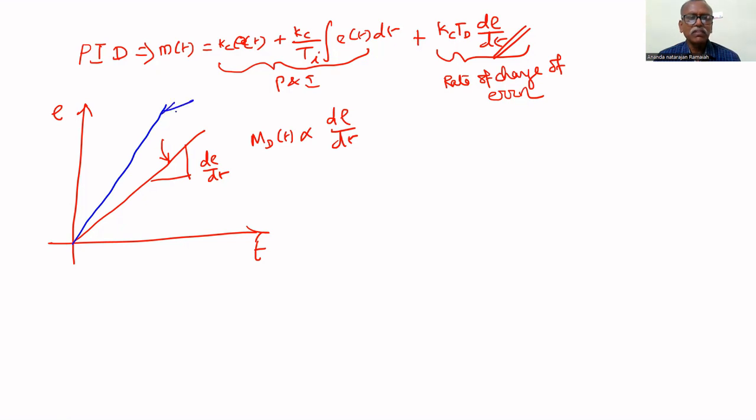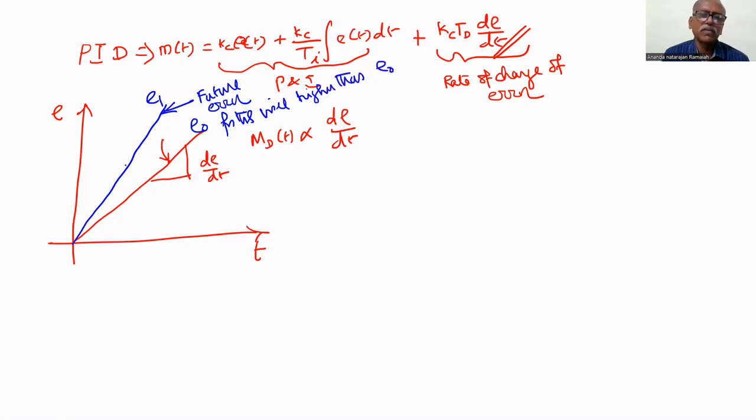The future error for this E1 will be higher than E0.